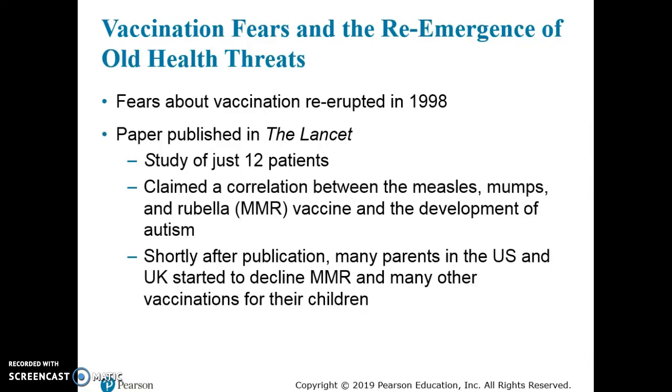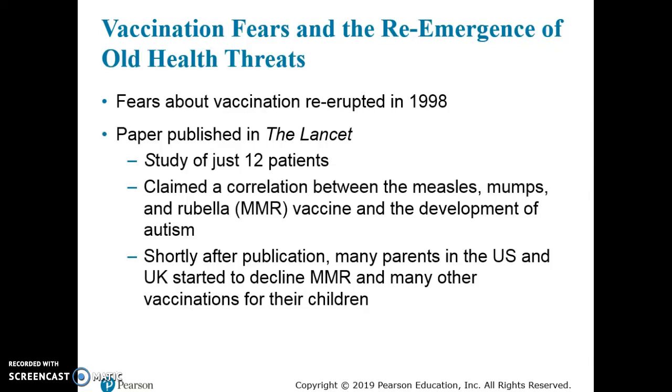But his study only had 12 patients, and the claim was that there was a correlation between individuals coming down with autism and those who received the measles, mumps, and rubella vaccine. And after that publication, it made headlines in the news, newspapers, TV shows.